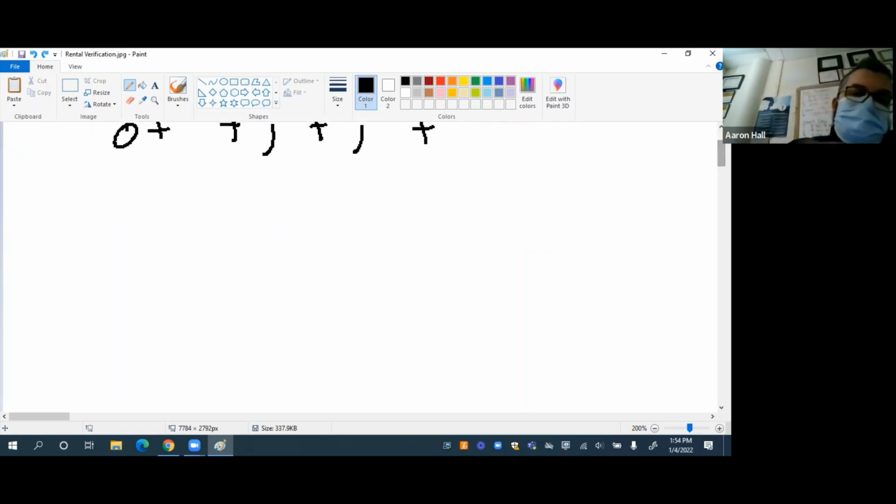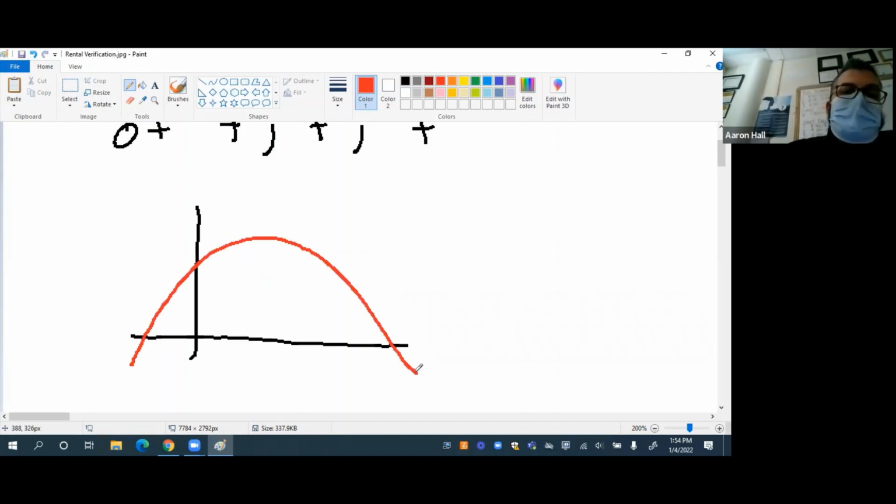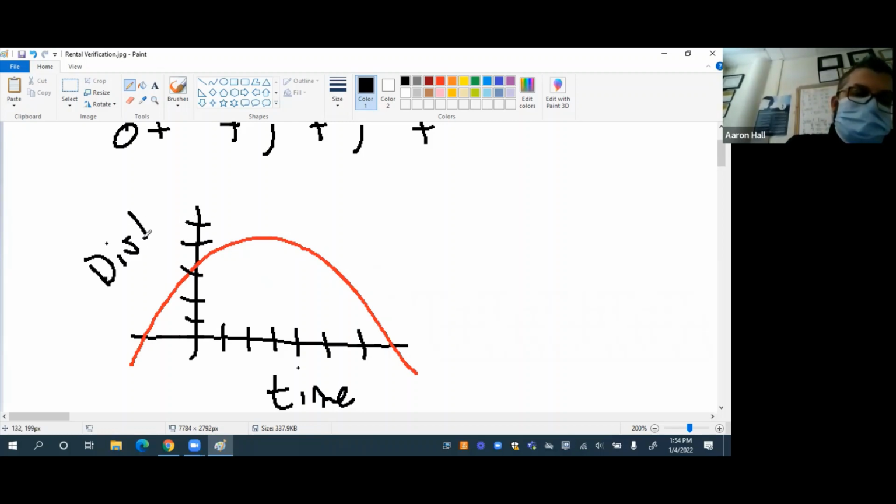So if we look at some graph, let me make this a little different. How about something like this? We'll say that the x-axis is time and the y-axis is distance.